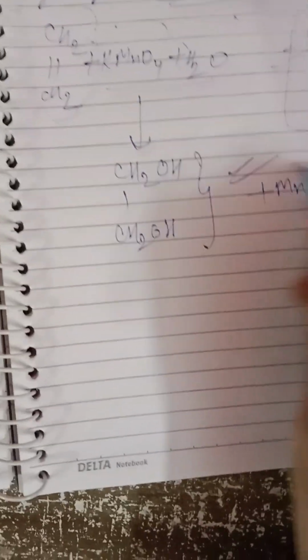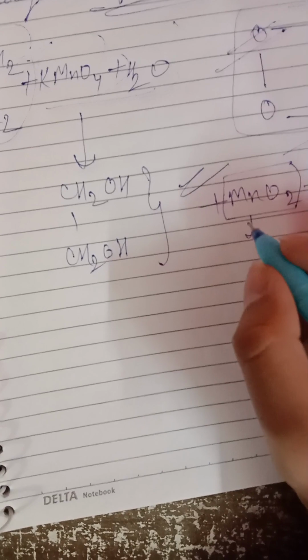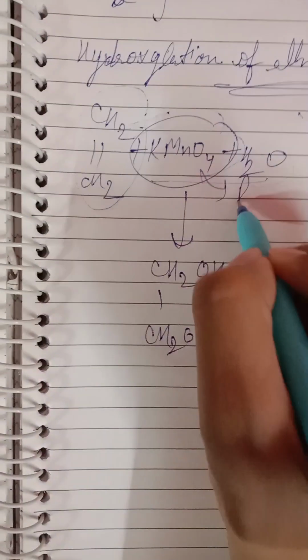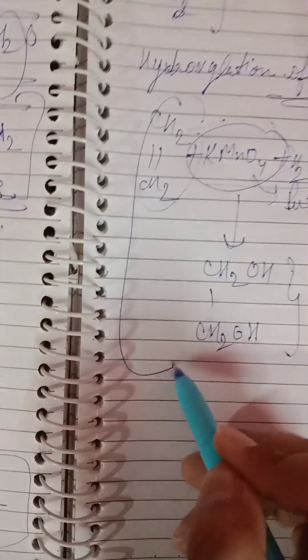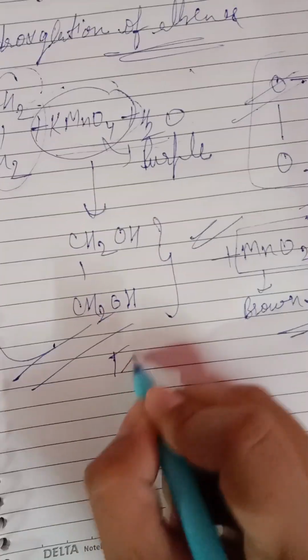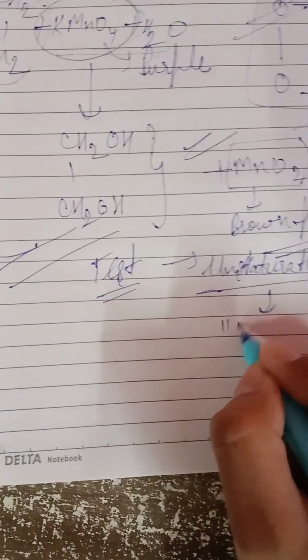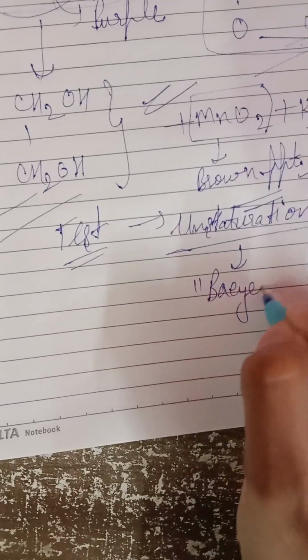Here, this MnO2 is characterized by its brown precipitate, and as we all know, KMnO4 is purple in color. So this reaction can be used as a test for unsaturation, and it is commonly known by the name of Baeyer's test.